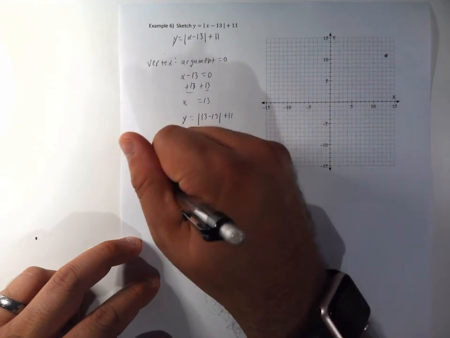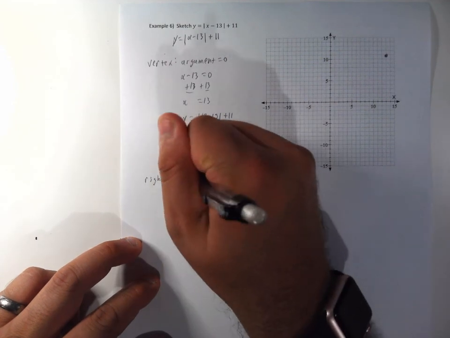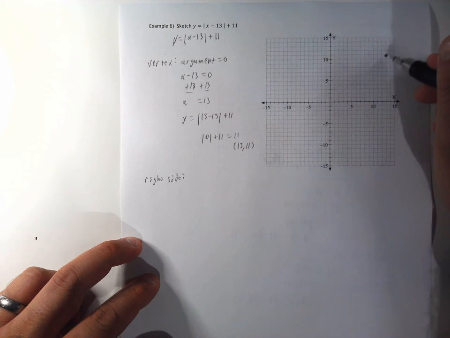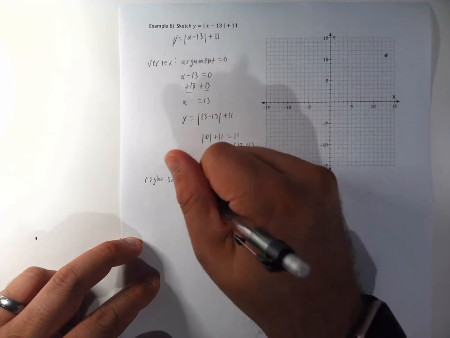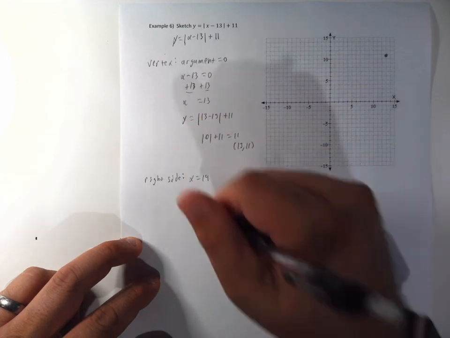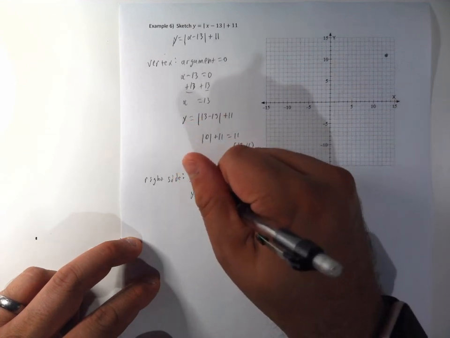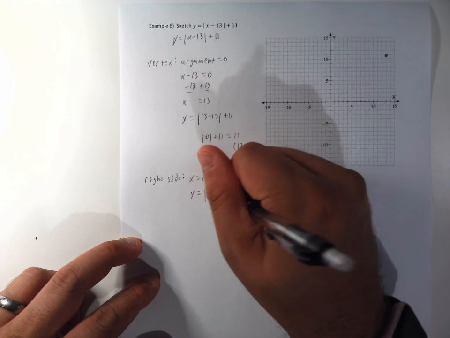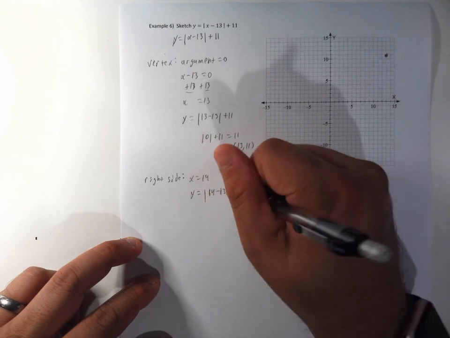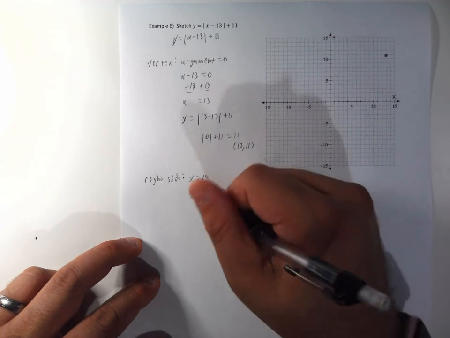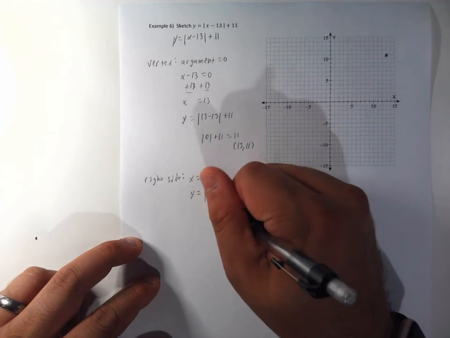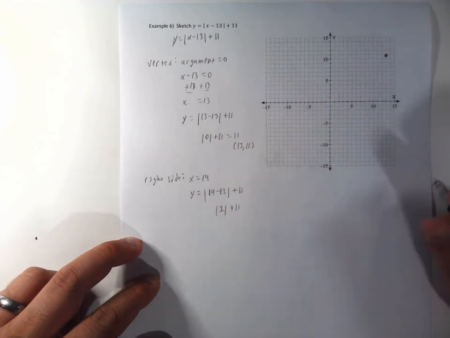Next, we're going to do the right side. Immediately right of x equals 13 is x equals 14. Y equals the absolute value of 14 minus 13 plus 11.